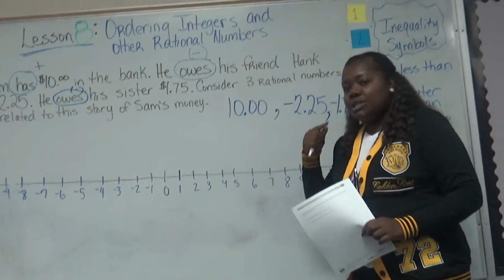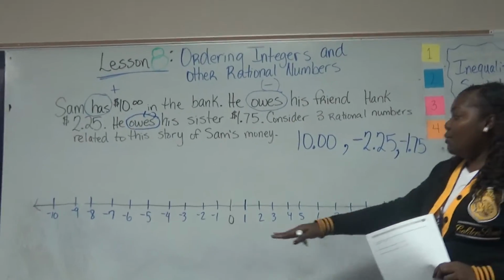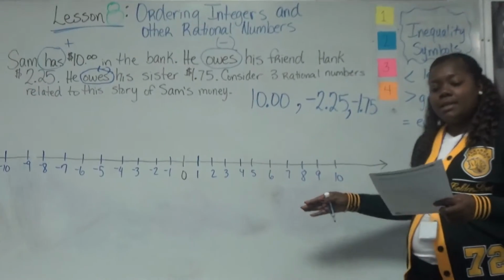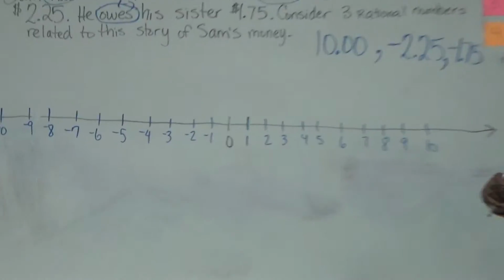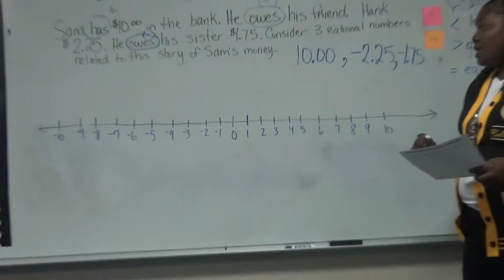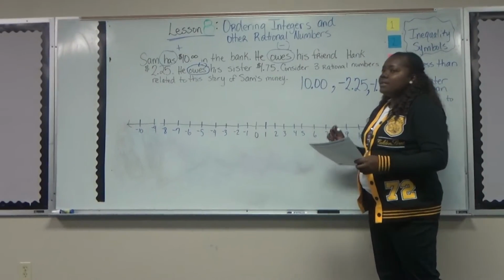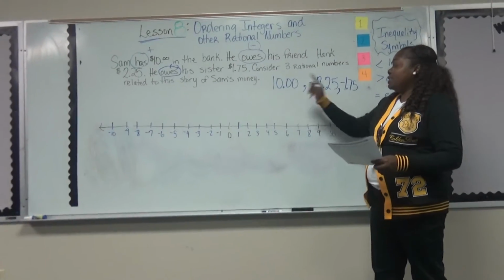Now I have to graph these numbers on our number line. On your paper in that blank space, I want you to draw a number line just as I have drawn on the board. Make sure in that blank space you have that number line. Now we're going to put a dot over these numbers.